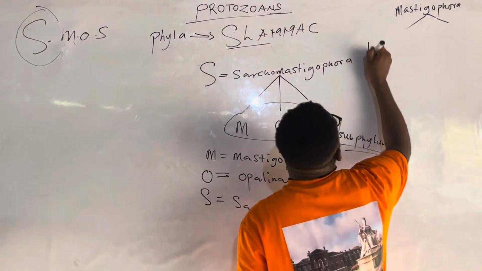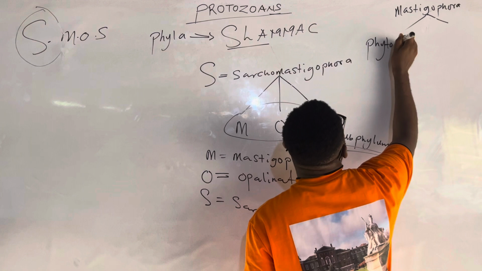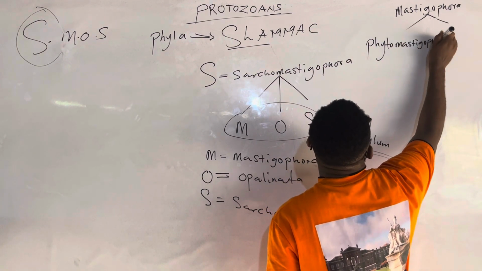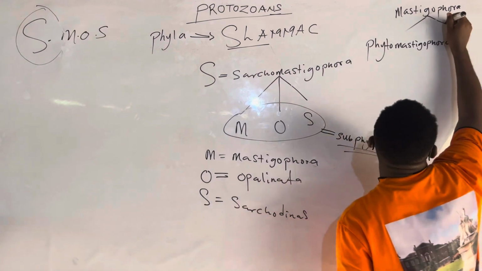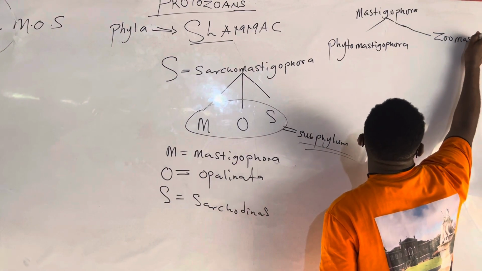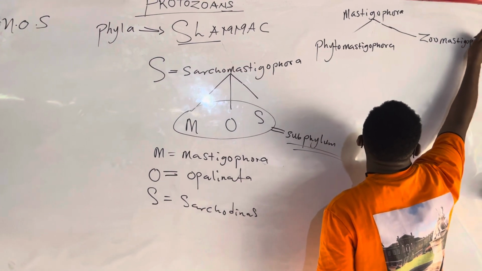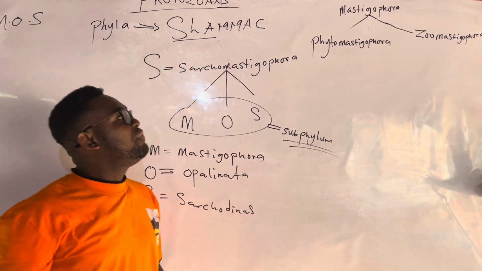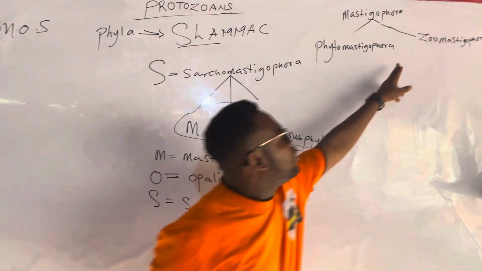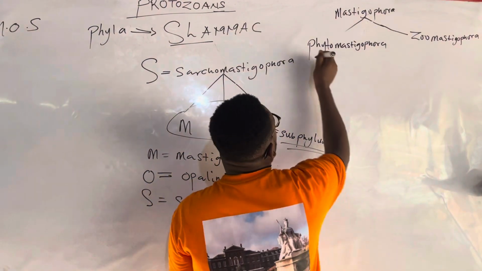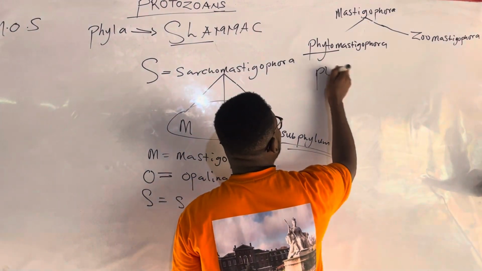We have the one that is called the Phytomastigophora, and the second is called the Zoomastigophora. The Phytomastigophora and the Zoomastigophora. From the word phyto, it means plant.